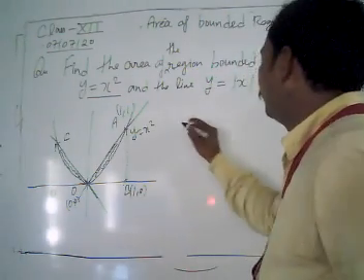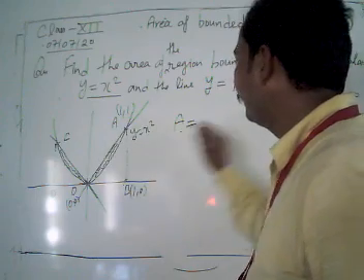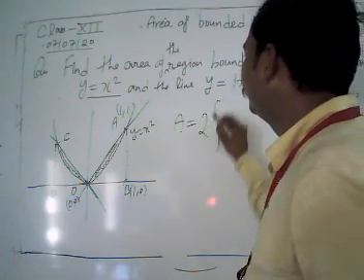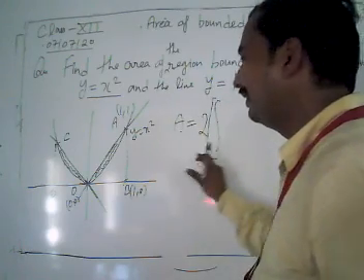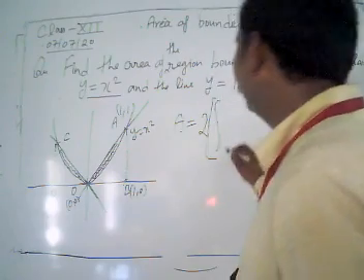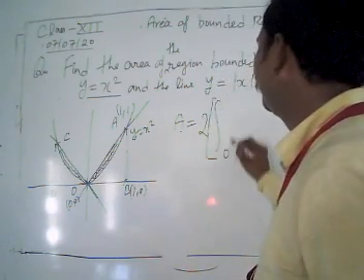Now look, our area is given by, using symmetry, 2 times the integration of this region. The limits are 0 to 1.